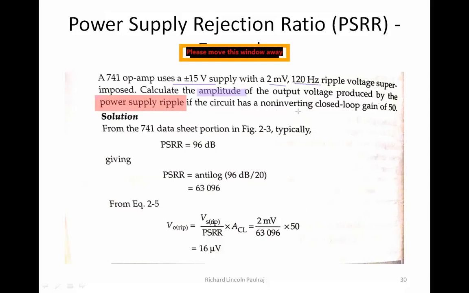If the circuit has a non-inverting closed loop gain of 50, another very important data here, we have ACL of 50.